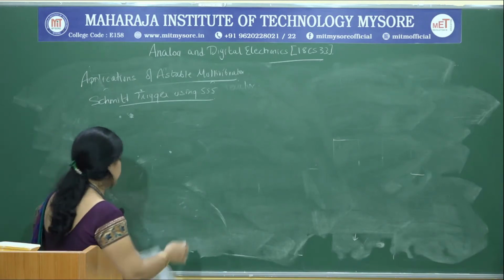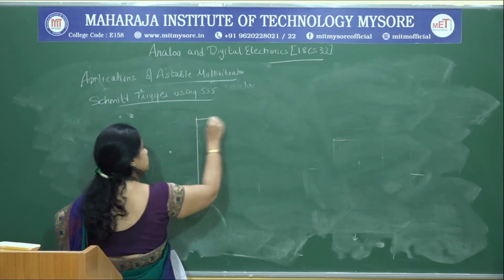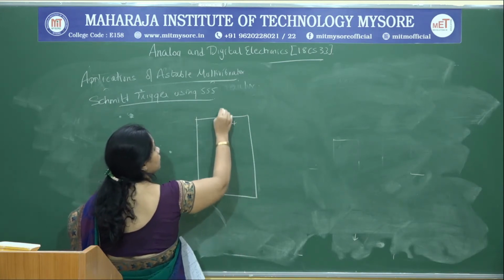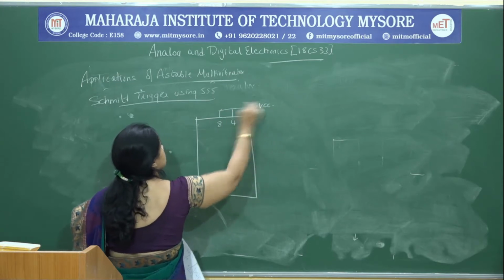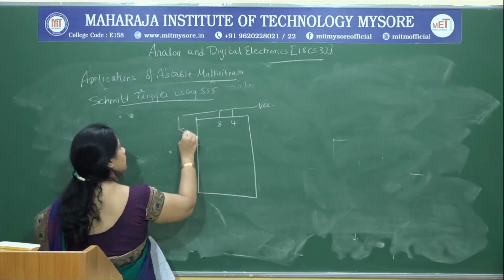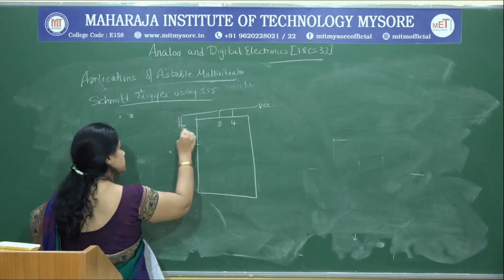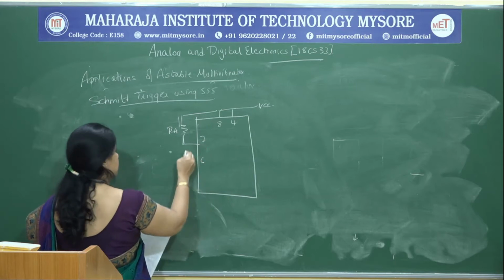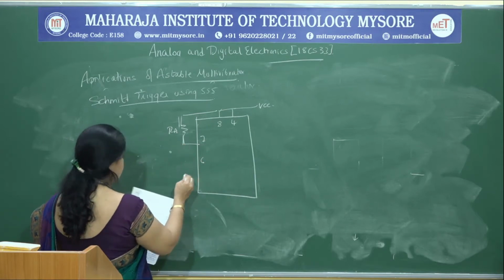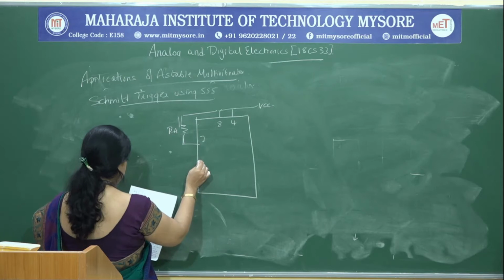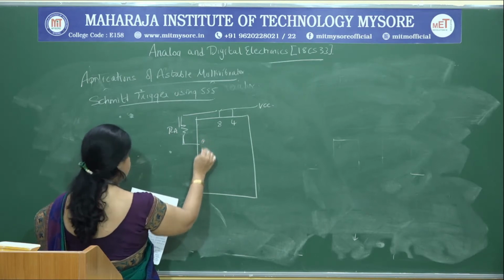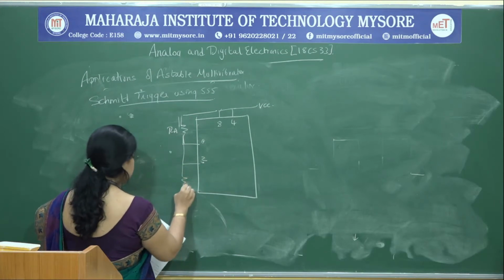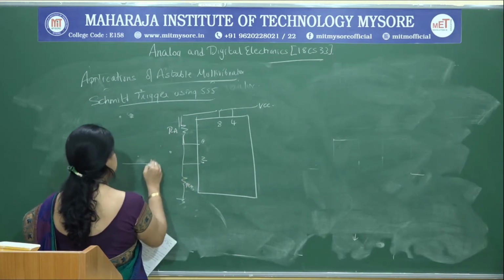So, here we have a basic astable multivibrator which looks like this, pins 8 and 4, between 8 and 7 we have resistance RA, and 7. Here I will make a small modification, 6 and 2, RB I will bring here, and capacitor.